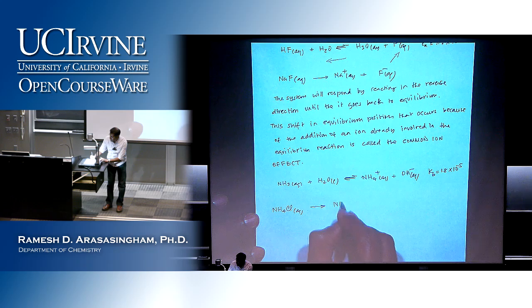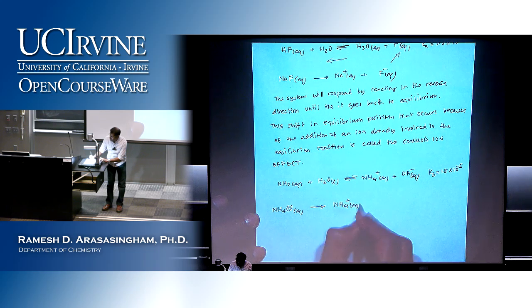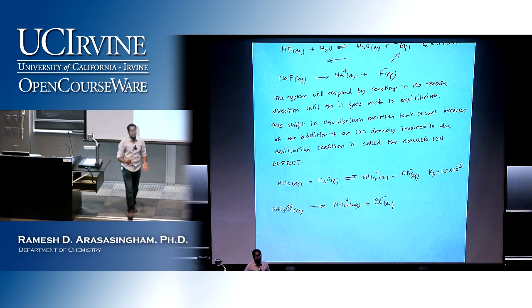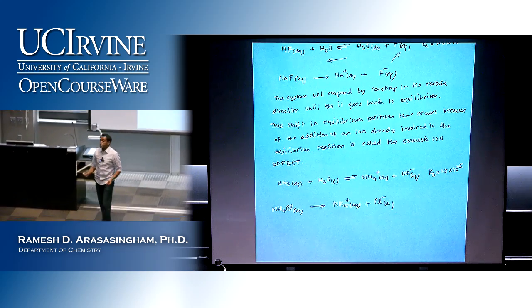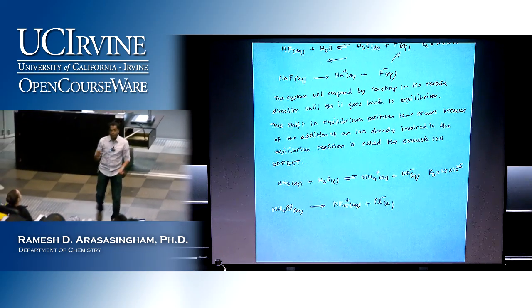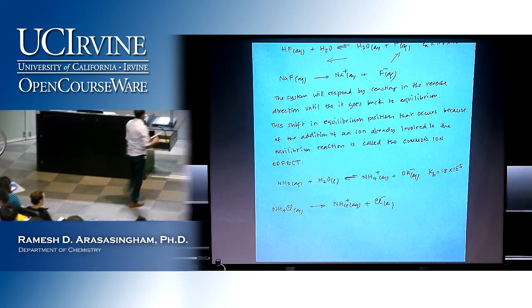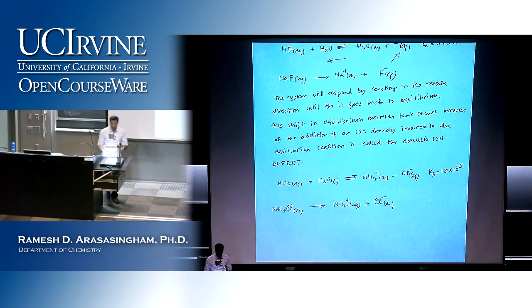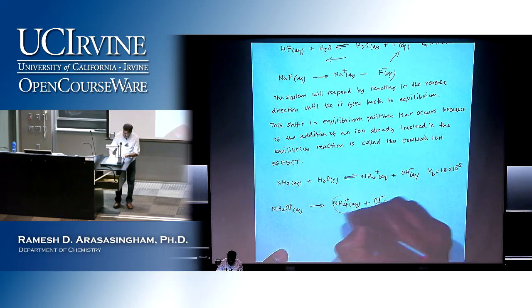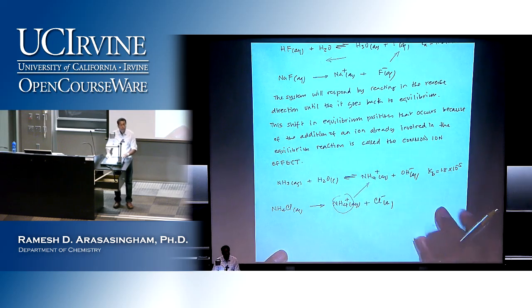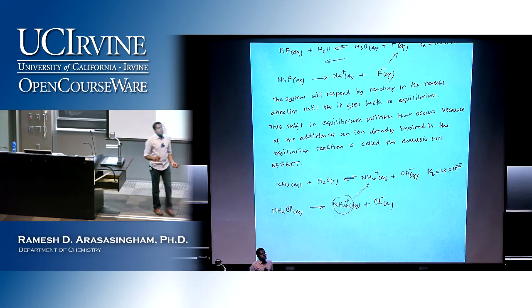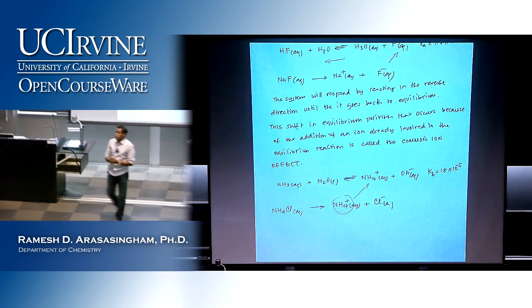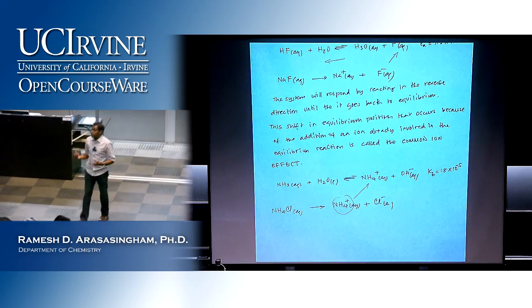So now I end up with NH4+ aqueous plus Cl- aqueous. So we know that when you put a salt, it dissociates completely to produce cations and anions. And once again, you can see that because I'm adding a common ion, NH4+, to a system that's already established equilibrium, I'm going to disturb that equilibrium.